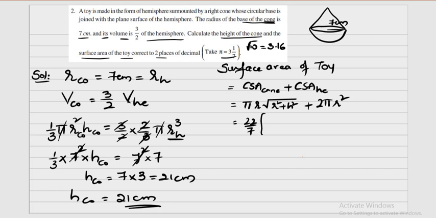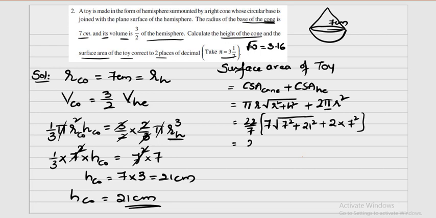Here what is the r value? r is 7. So 7 into the square root of 7 square plus, what is the height here? The height we have already found, no? The height is 21 square plus, since I have already taken pi common, no need to bother about that, 2 into what is r here, the radius, 7 square.